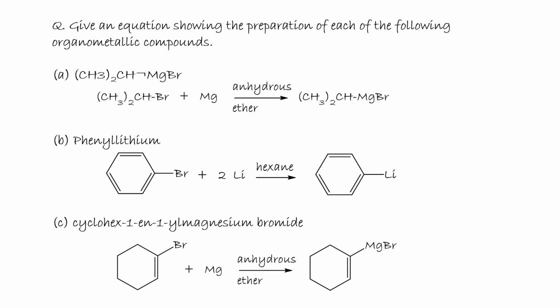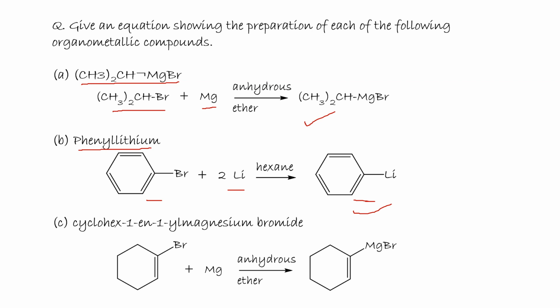Give an equation showing the preparation of each of the following organic compounds. Isopropyl magnesium bromide. So I start with isopropyl bromide with magnesium and anhydrous ether, we get the compound. How do we get phenyllithium? That's the phenyllithium. So we start with bromobenzene, lithium in hexane, we get the compound.